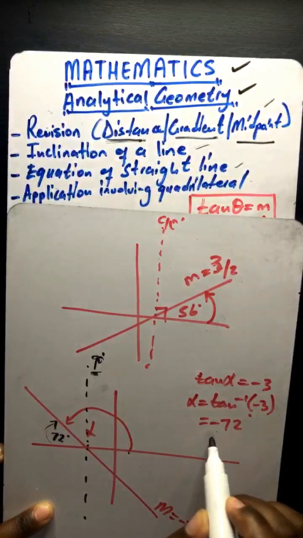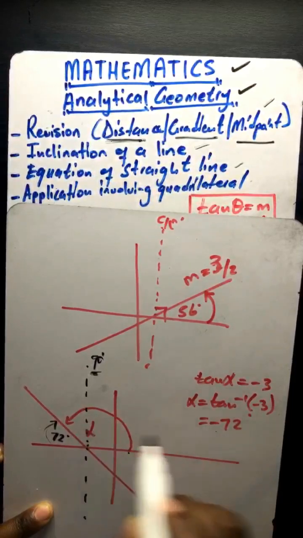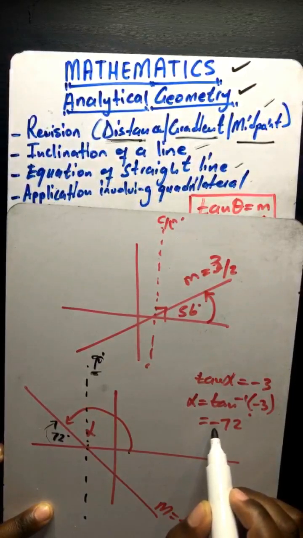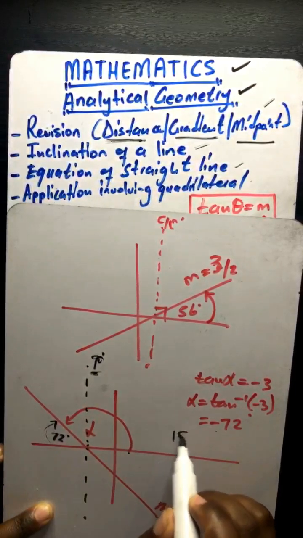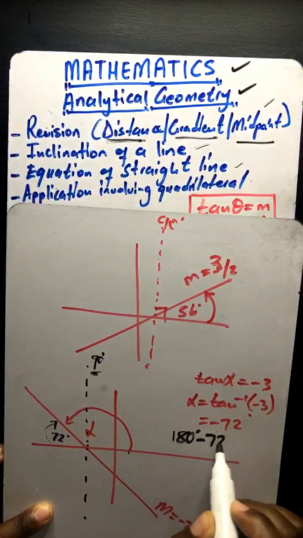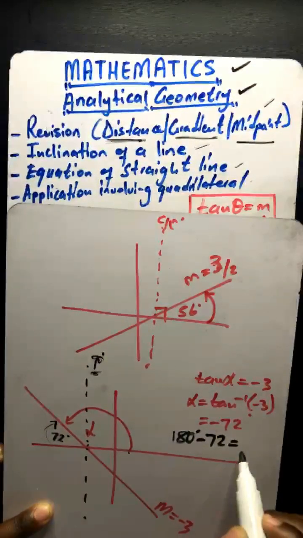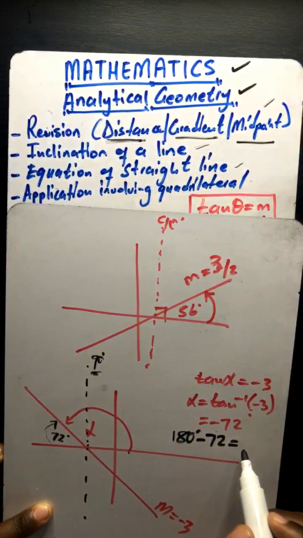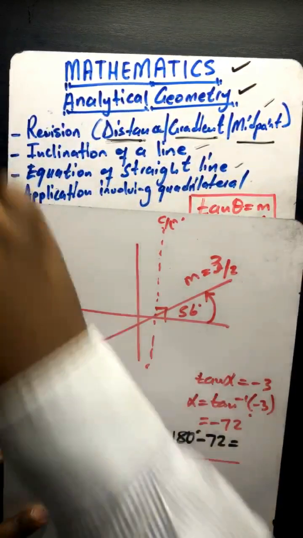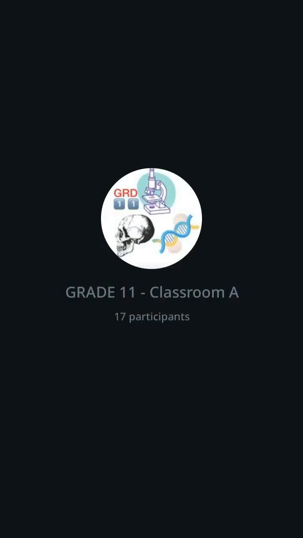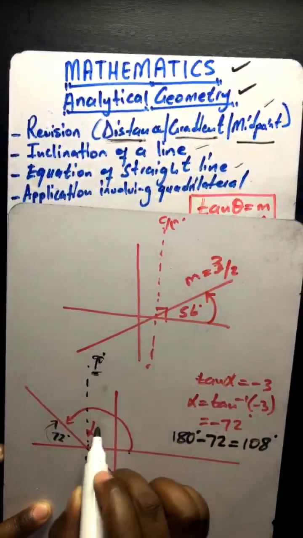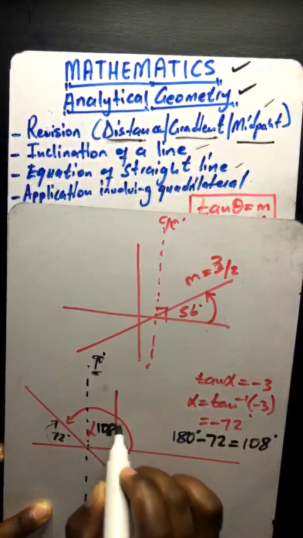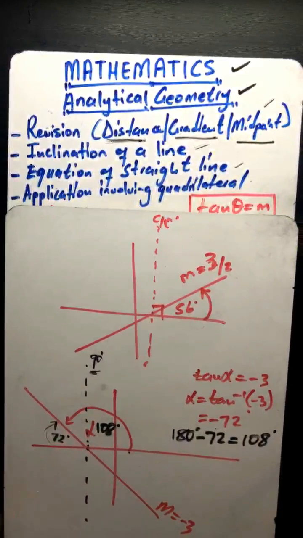So this value is not your angle of inclination because it's negative. It's actually this angle. That is why I was saying you are going to say 180 degrees minus 72. Whatever answer you get is your angle of inclination. So that means 108 degrees. This angle is the one which is 108 degrees.